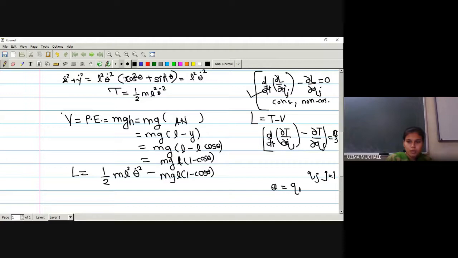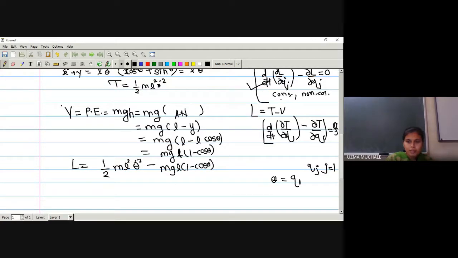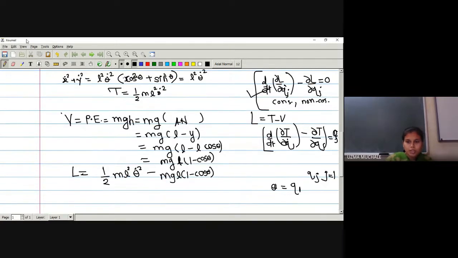So let me now write down this equation for q1 equal to theta. This is d by dt of dou L by dou theta dot, instead of q1 dot, minus dou L by dou theta is equal to 0.